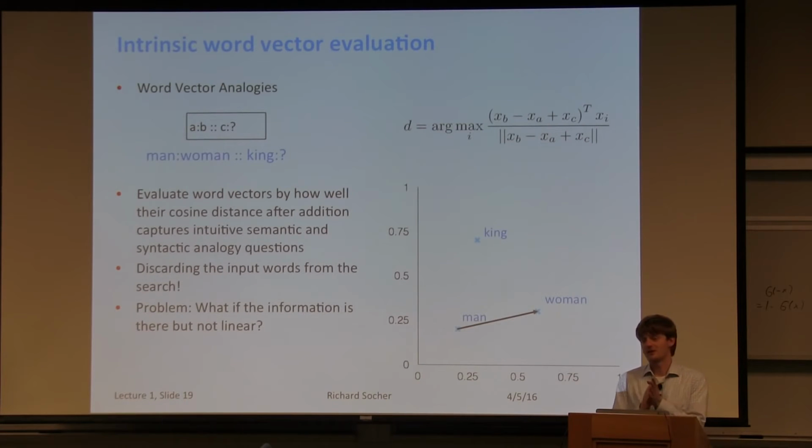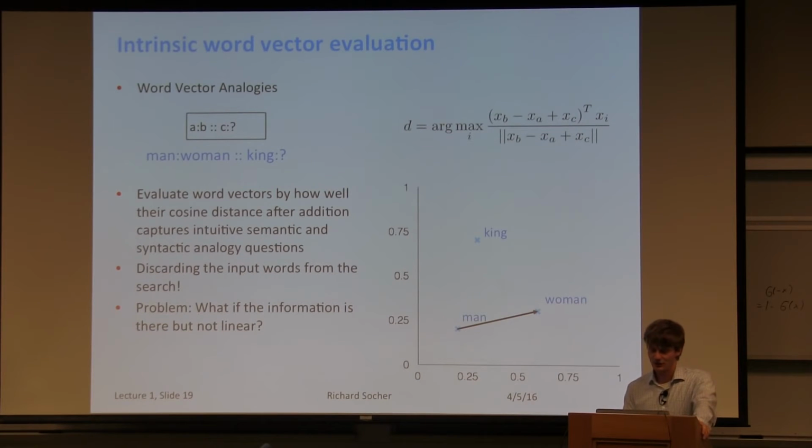Intrinsic word vector evaluation, one of the most popular ones that sparked a lot of interest are these word vector analogies. Basically, if we say that man is to woman as king is to something else, then we would ideally hope that somehow in the geometry of our space, this is captured.